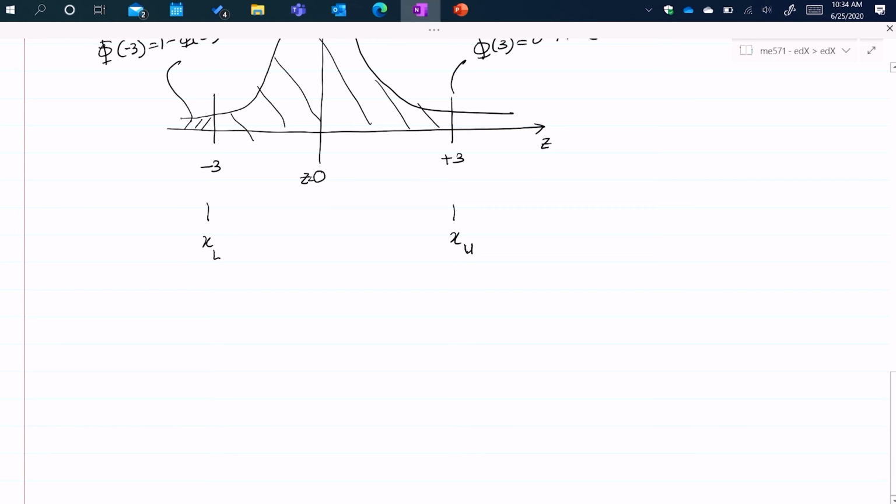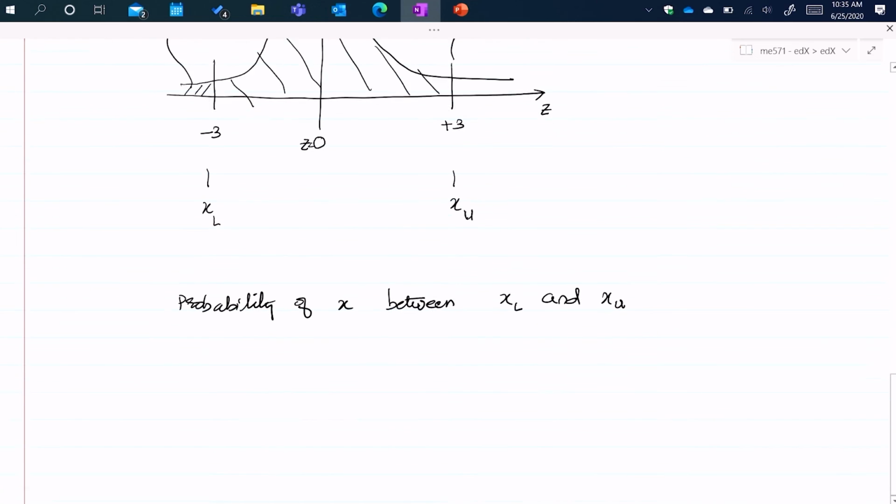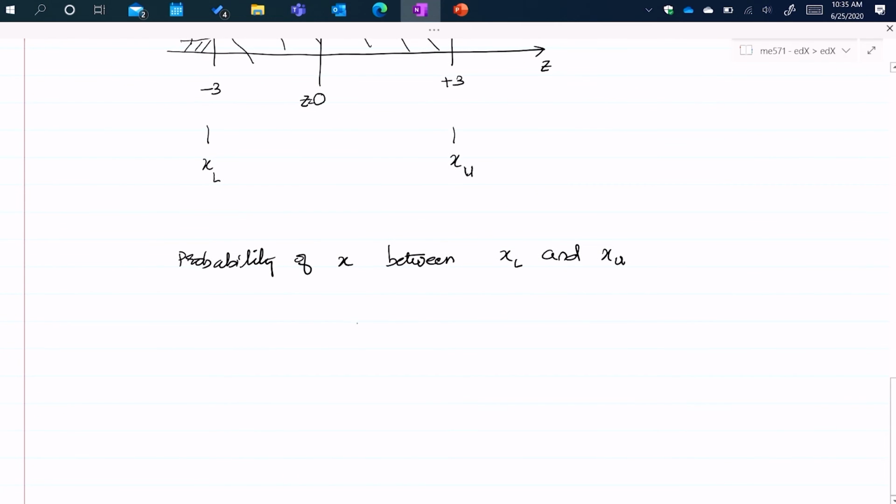Now we know, given the distribution, the probability that we seek, x lying between x L and x U, is equal to 1 minus 2 times phi of 3, because the lower limit is 1 minus phi of 3 and the upper limit is phi of 3.